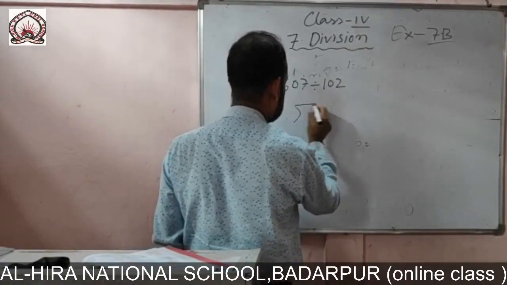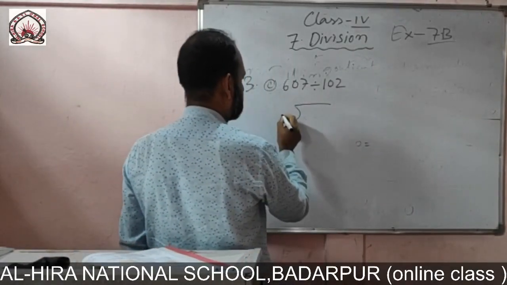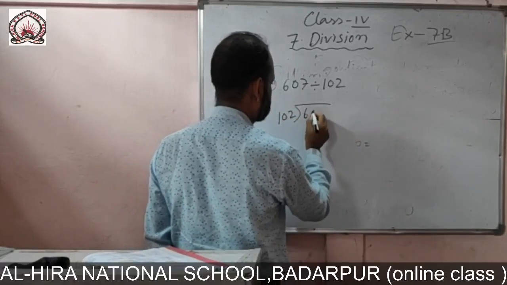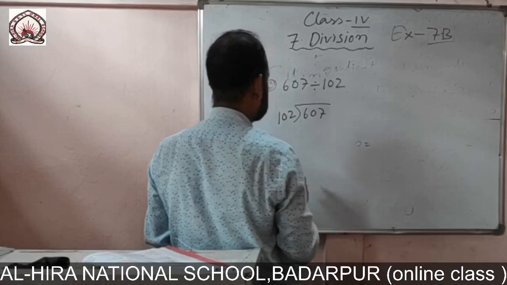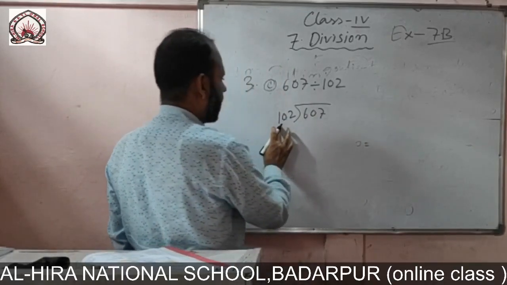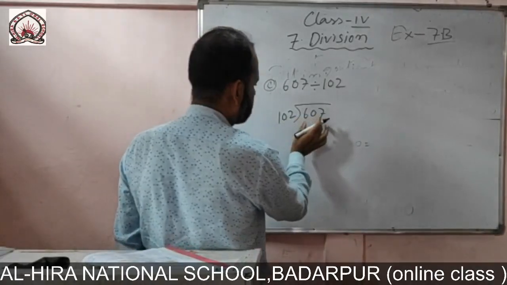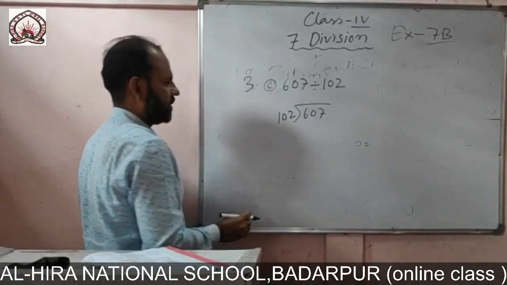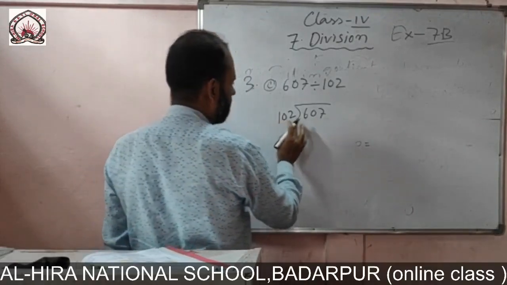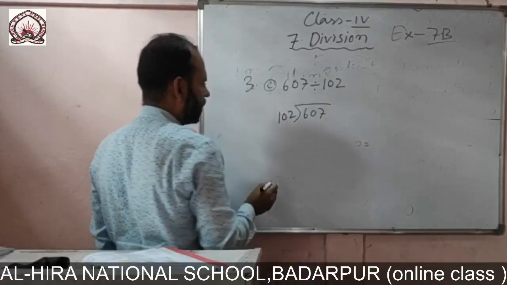So 102 and 607, they are also 3 digit. So we do divide.